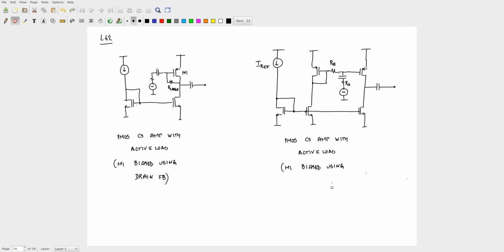Using current source biasing. Okay, so just two versions of it. You can have any kind of circuit. You know how to analyze all of these circuits actually. Okay, so what we'll do today is that we'll start with just taking the first one, right? So that is good enough for us, and we'll move with this first circuit.